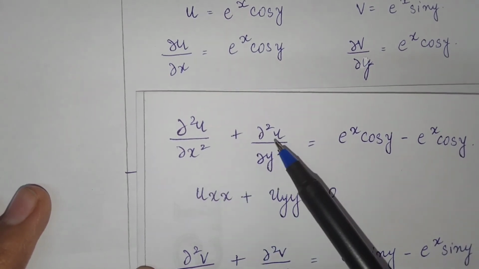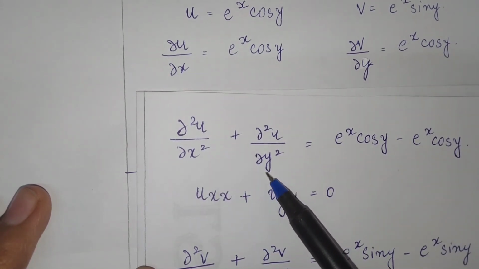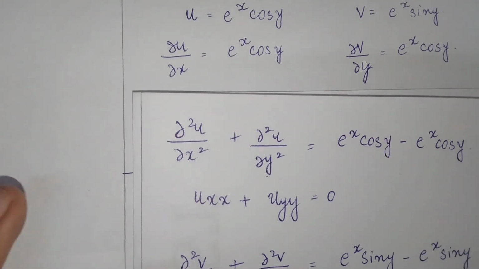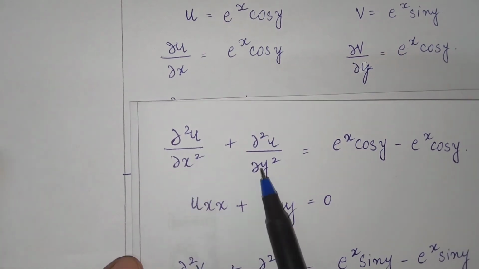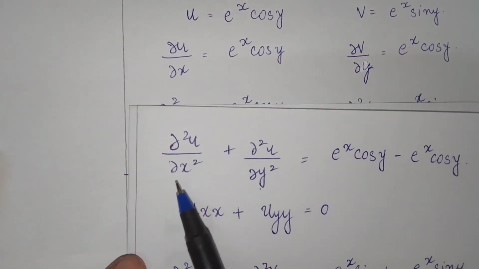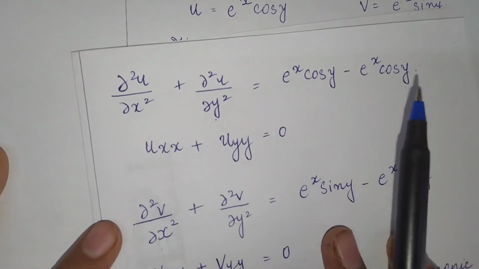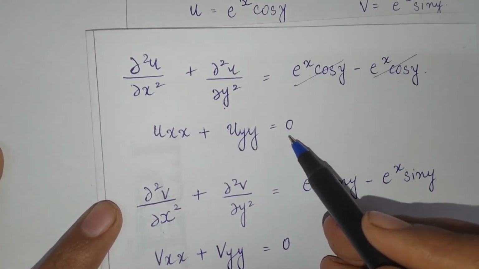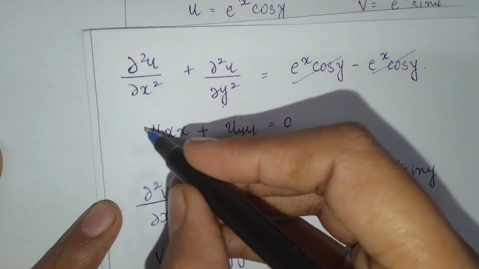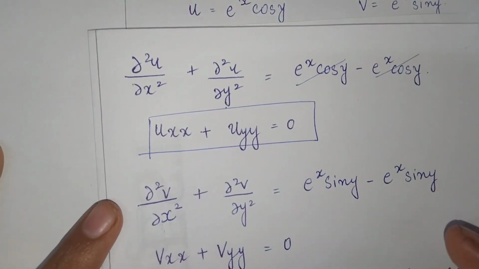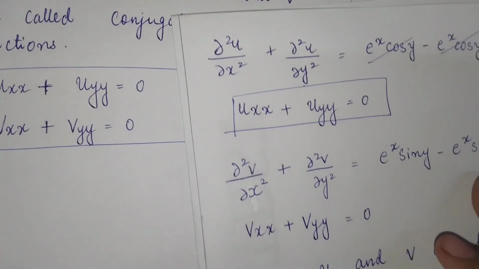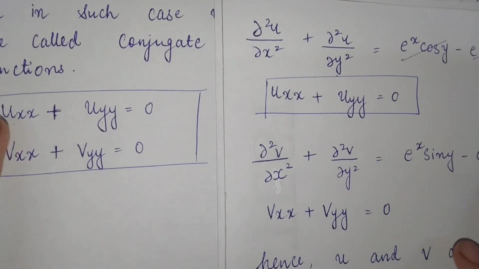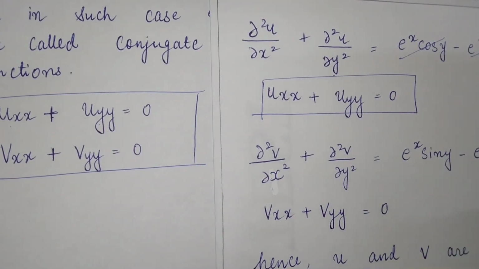After doing that you have to write these conditions: when del square u by del x square plus del square u by del y square is 0, then that function will be harmonic. According to this formula, if I put the value of del square u by del x square, we will get this, and this will also be this, but both terms will get cancelled, so the answer will be 0. So our first condition is satisfied. Our condition of harmonic function is uxx plus uyy equal to 0, and that is satisfied.